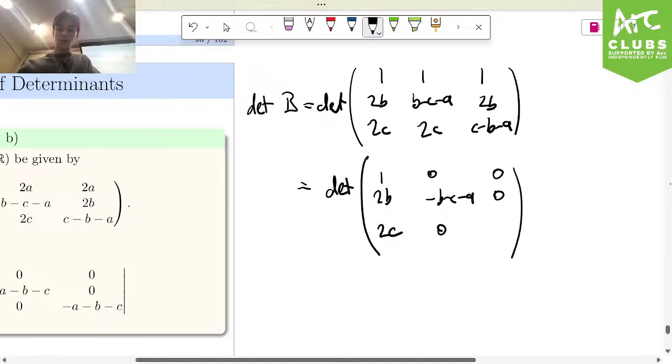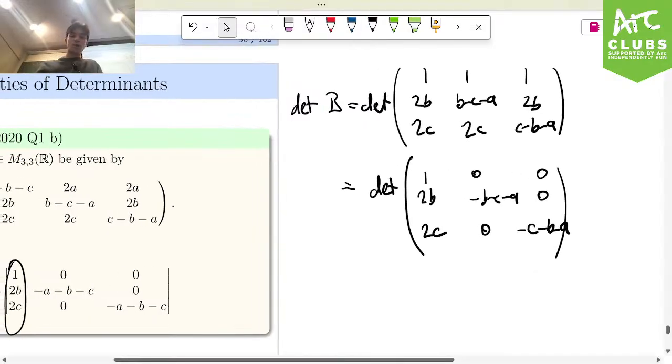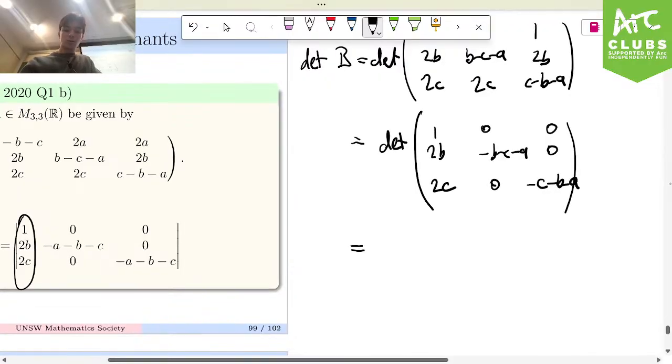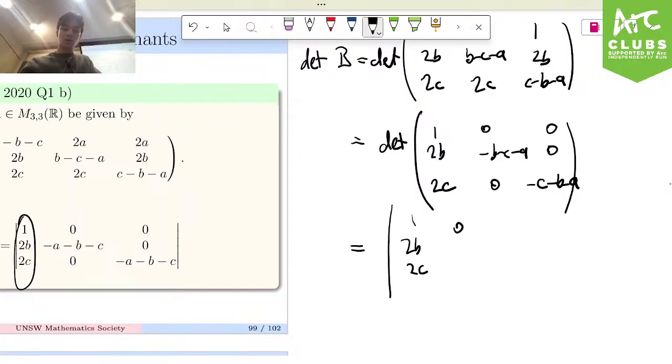This 2B becomes a 0. And this C minus B minus A becomes a minus C minus B minus A. Right? Which we can rewrite as the determinant of 1, 2B, 2C, 0, minus A minus B minus C, 0, minus A minus B minus C, 0, 0 as required, right?